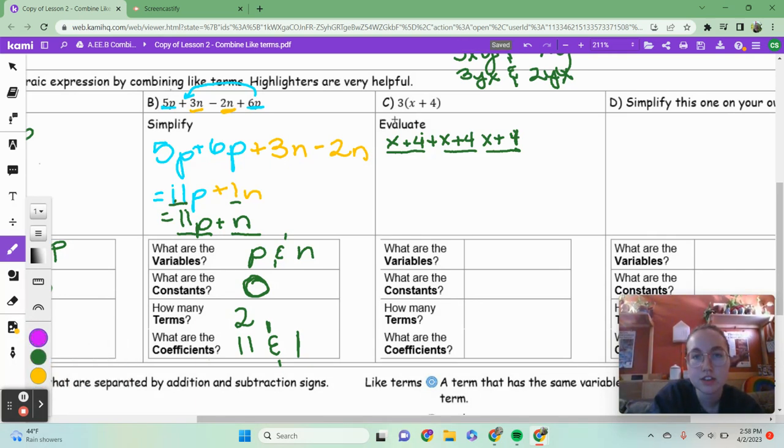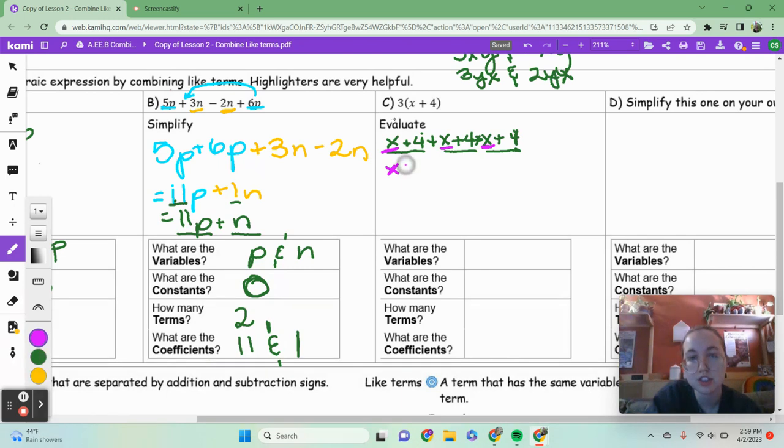The like terms here, we have our x's and our numbers. So our x's, I meant to write plus between there. Just forgot. So my x's are my like terms. I can rearrange this, again, since it's just addition.